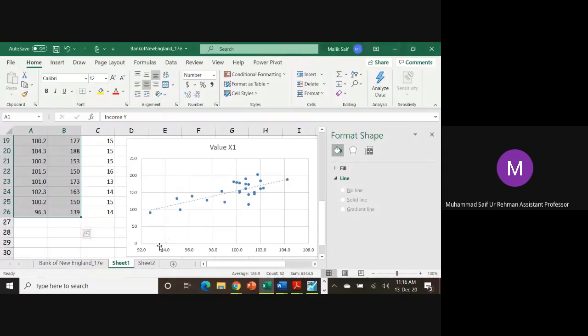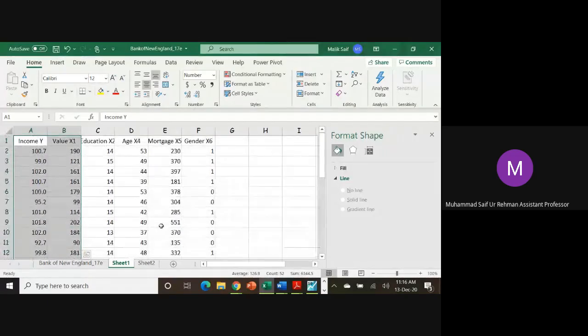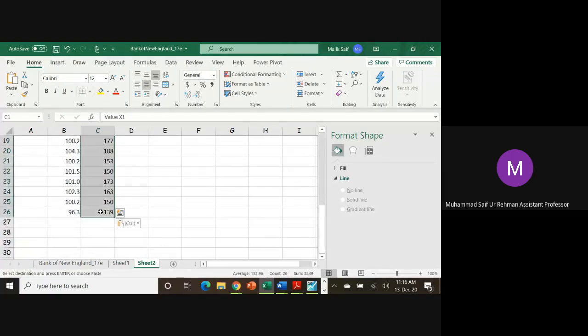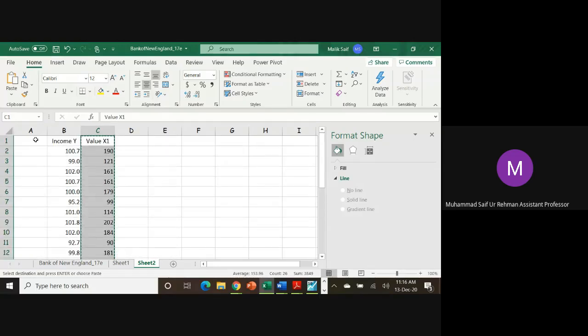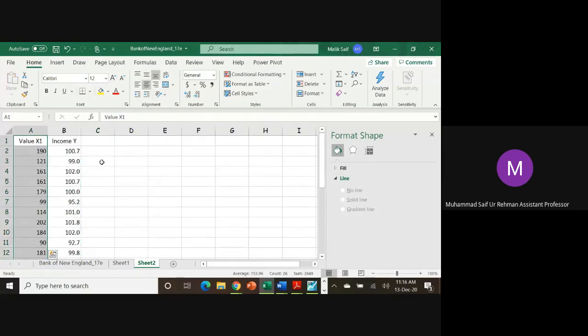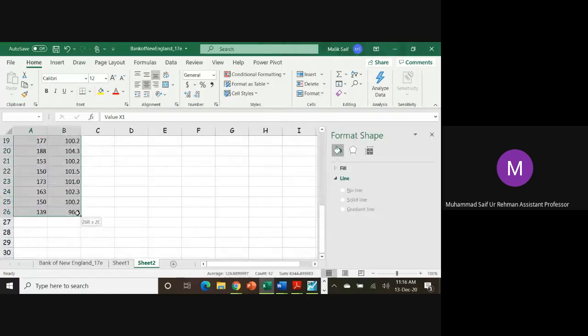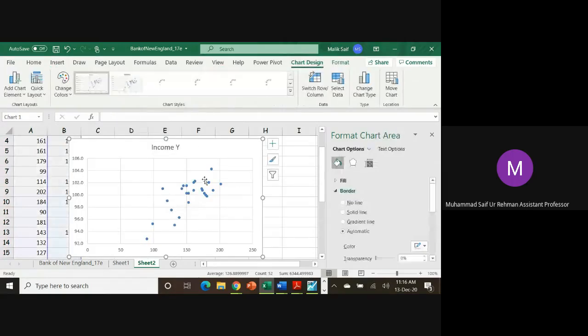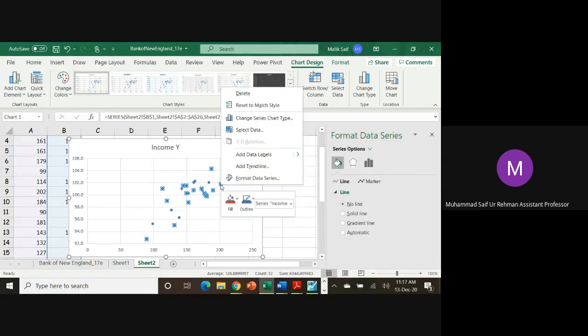So, if you are interested in having the proper graph, then you may write it down as this value series to this side. Okay, so now if you draw the graph, you will have a better graph, or the proper graph, in which the dependent variable will be on the vertical axis. So now select any point, left click, right click, and then add trend line.